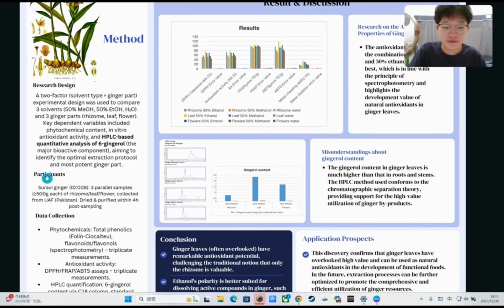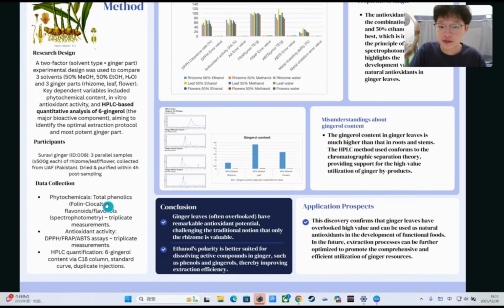For sample preparation, white ginger was used, and each ginger part was prepared in 3 parallel samples. All samples were dried and purified within 4 hours after collection to minimize chemical degradation.